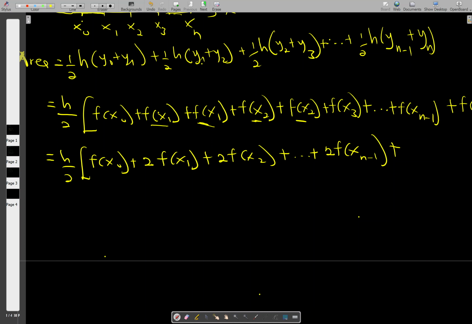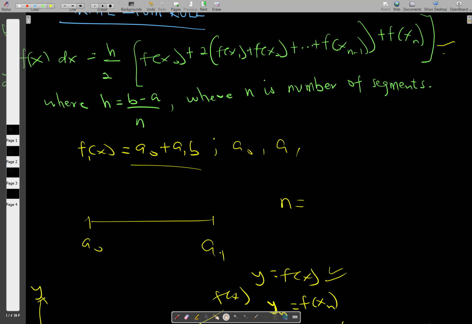Now let's look at some basic examples. Let's solve some questions. So we have the area here. That's the area. H is the width, n is the segment. That's for a single segment, we have one number of segments, but for multiple segments we use this formula.